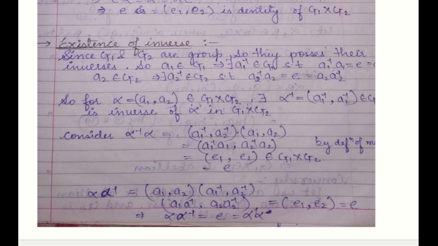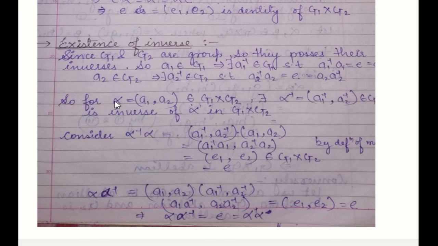So, existence of inverse. Since G1 and G2 are groups, they possess their inverses in G1 and G2 respectively. That is, if A1 is any arbitrary element of G1, then there exists A1 inverse belonging to G1 such that A1 inverse into A1 equals E equals A1 into A1 inverse. Similarly, A2 belongs to G2, so its inverse A2 inverse belongs to G2 such that A2 inverse into A2 is equal to E is equal to A2 into A2 inverse.